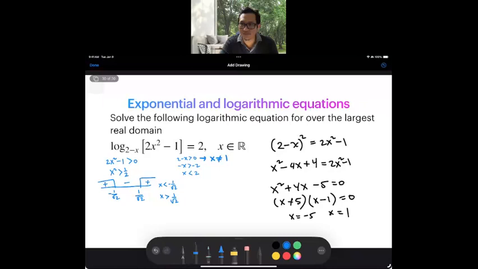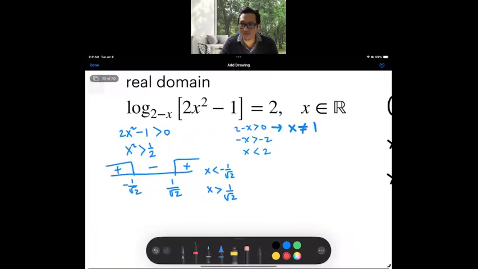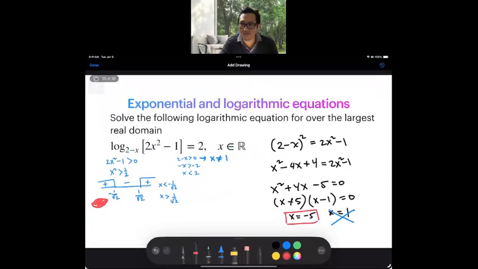We cannot use the base equal to 1. So x shouldn't be equal to 1. Okay. So this should not be included. So the only way that it solves the equation is x equal to -5. And it's true from our conclusion that it's going to be here, right? The solutions.